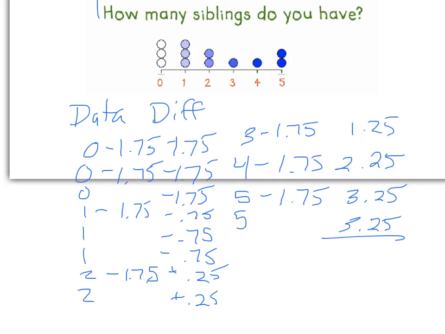We get that total of 18, and then we divide it by how many data points there are, which was 12. When we divide 18 by 12, we get 1.5, which is our solution, the mean absolute deviation. So that's how far the data is from the mean on average.